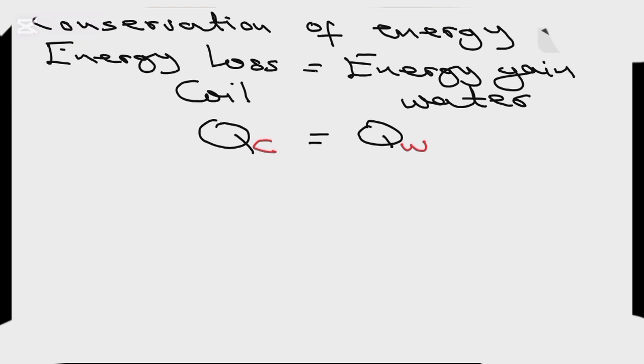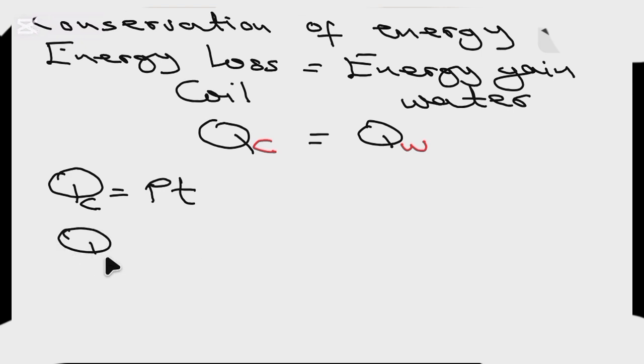Now electrical energy, the formula for electrical energy is power times time. Therefore, this electrical energy is dissipated as heat, the quantity of heat here. So I can say that the quantity of heat produced or lost by the coil is equal to power multiplied by time.